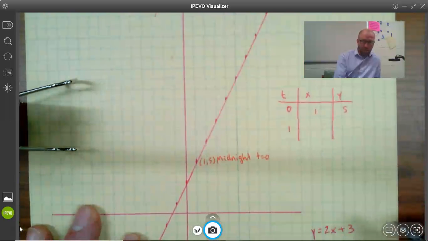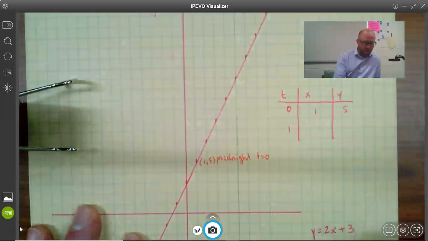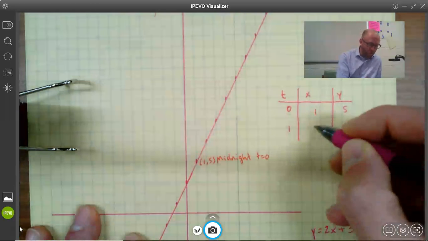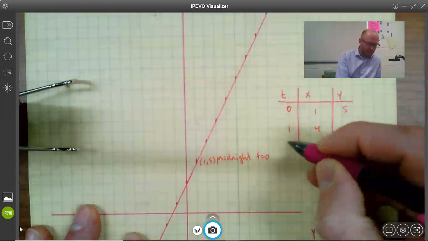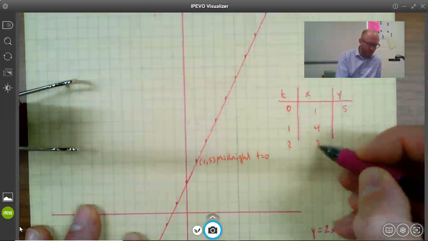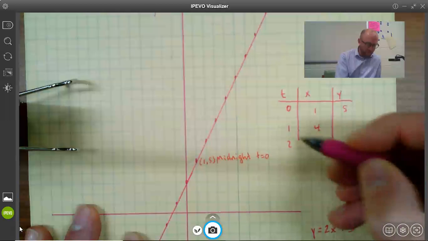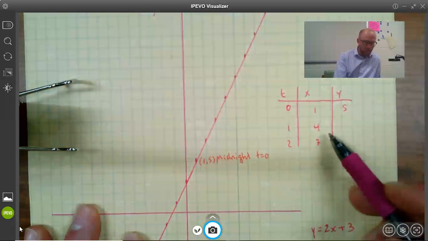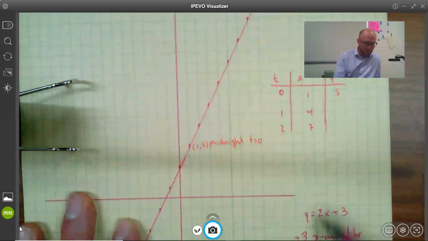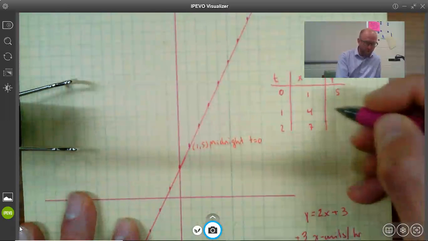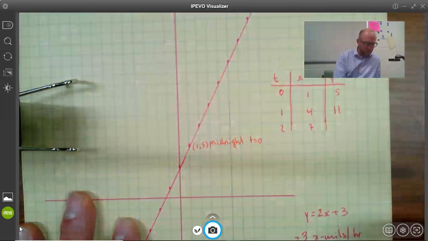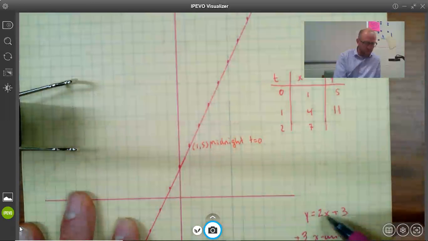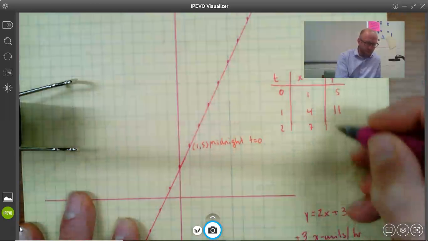If the x units are changing at 3 per hour, x is going to go from 1 to 4, and at hour 2, x goes from 4 to 7. Then using our equation, 2 times 4 is 8 plus 3 is 11, and 2 times 7 is 14, plus 3 is 17.